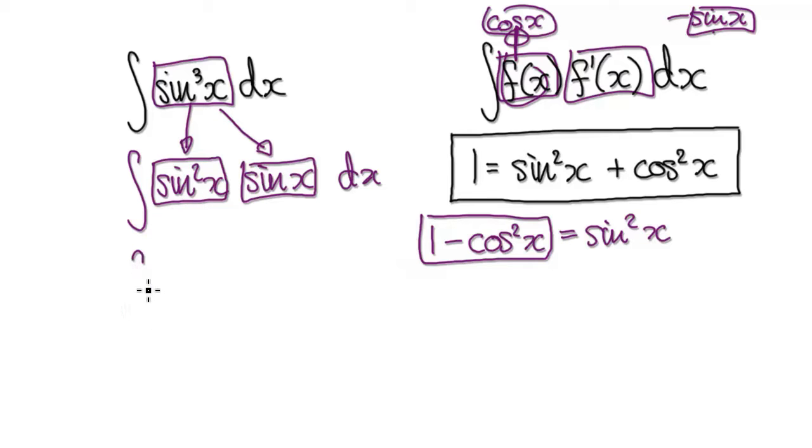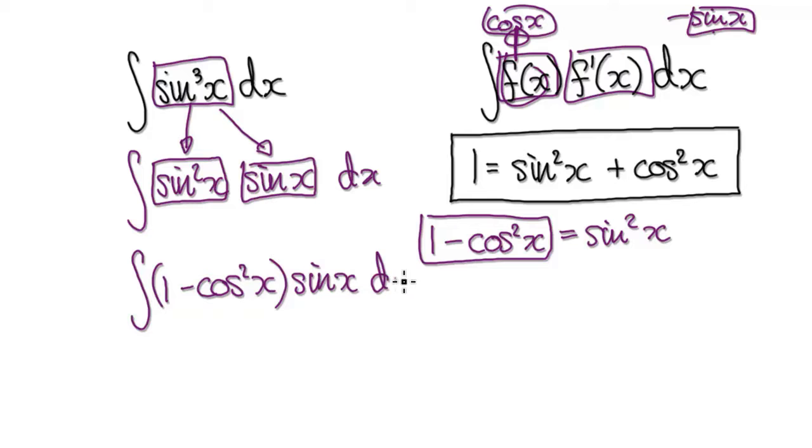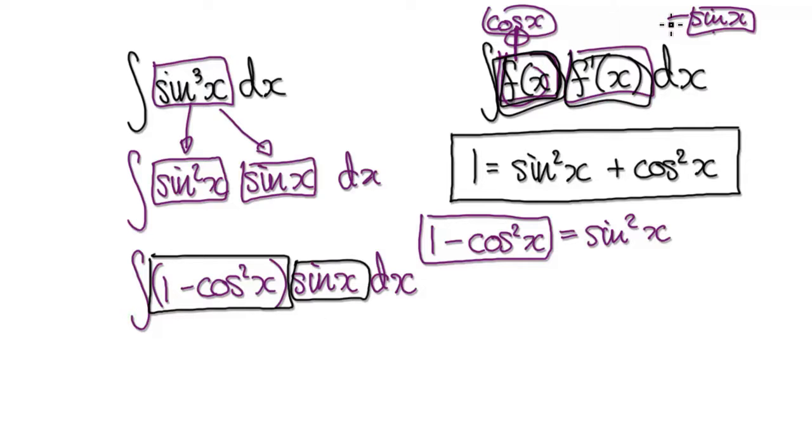So this will then become 1 minus cos squared x, and then you've got your block of sine here, sine x dx. So now you can see that this is all in terms of cos. That's this bit here, and then this is a derivative of cos. We can make the adjustment to the minus later on.